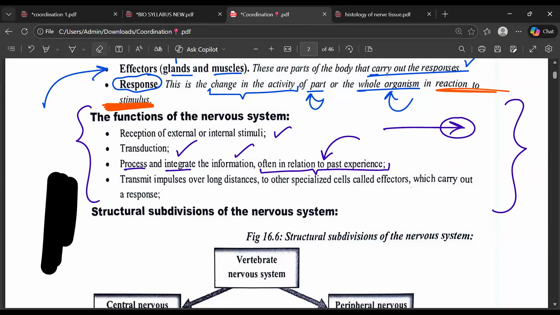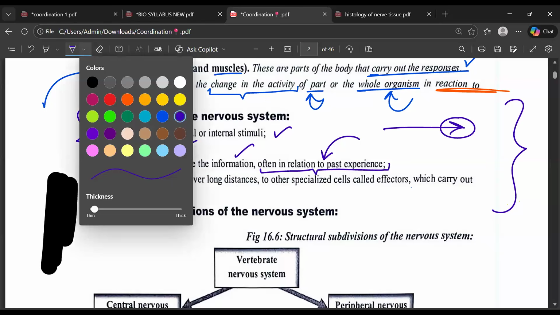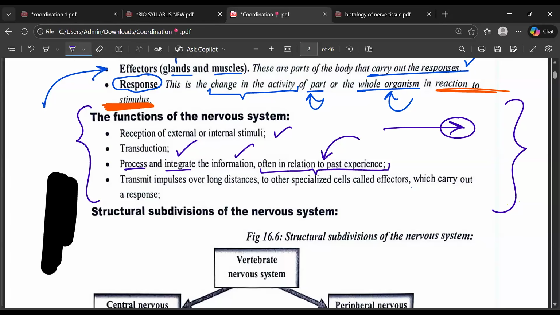So the dog running after you, you expect a punishment, but the goat running after you, you don't expect any problem. So that's what they mean by often in relation to past experience. Yeah. Okay. Then after that, there is transmission to the effectors, and it's effectors that carry out the response. Things like that. So realize functions of the nervous system, we just use the other sketch.